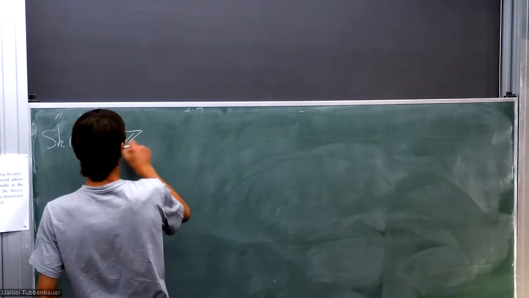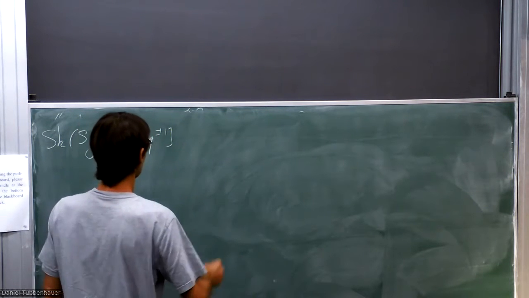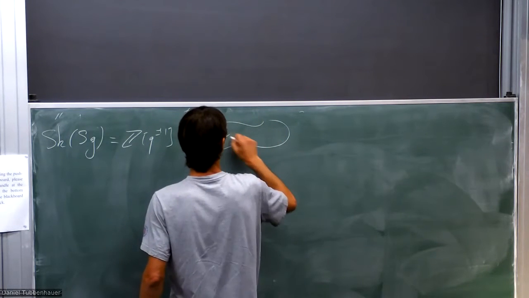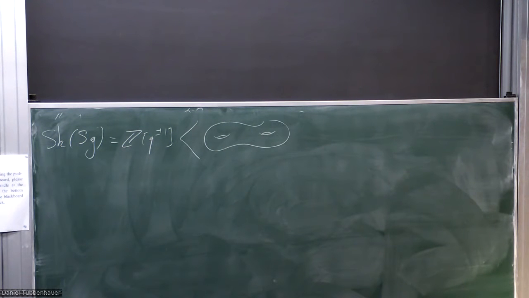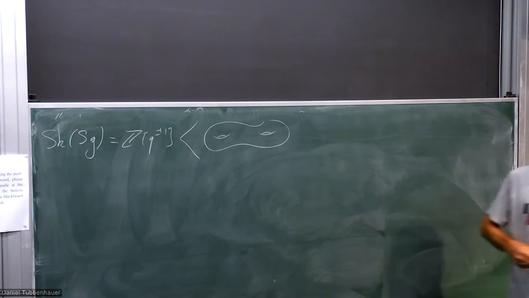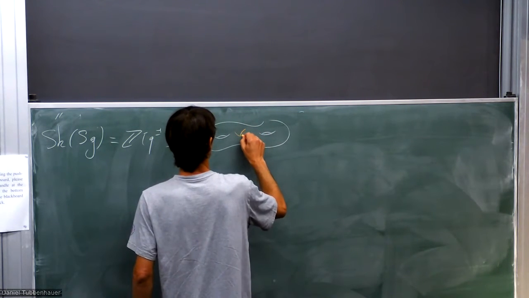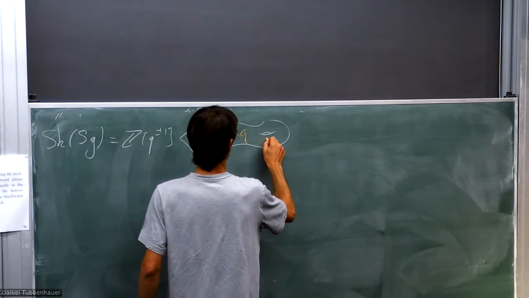We take the Z[q plus minus 1] module generated by diagrams of knots on the space.